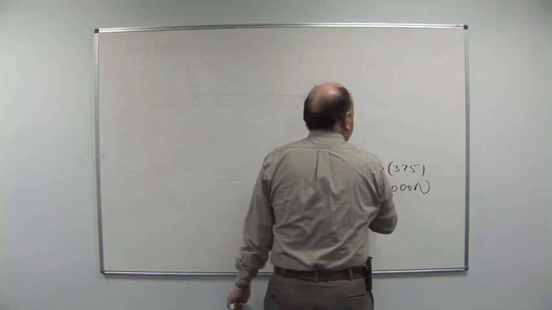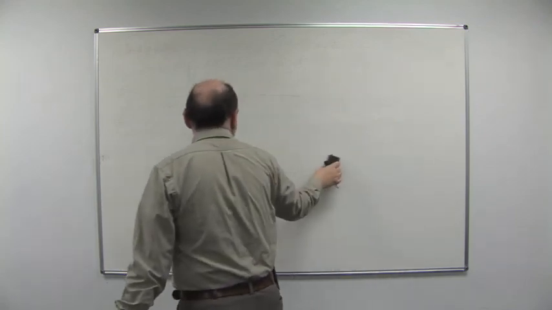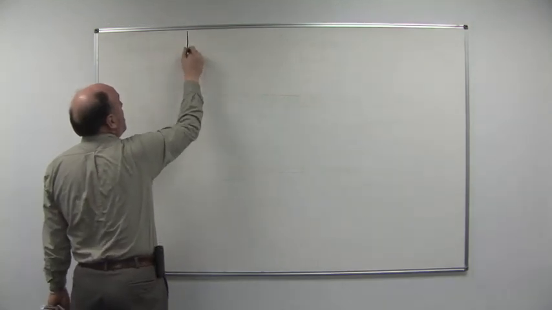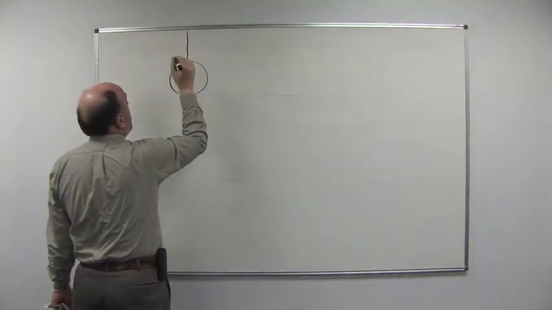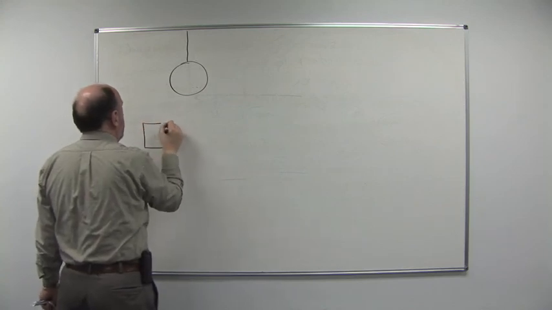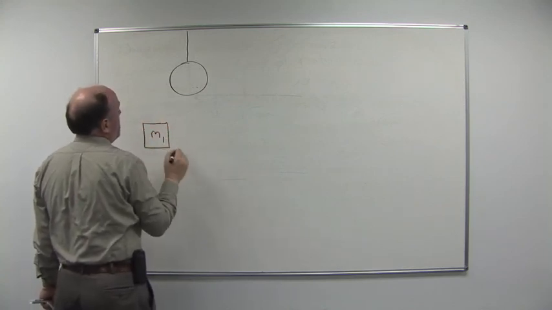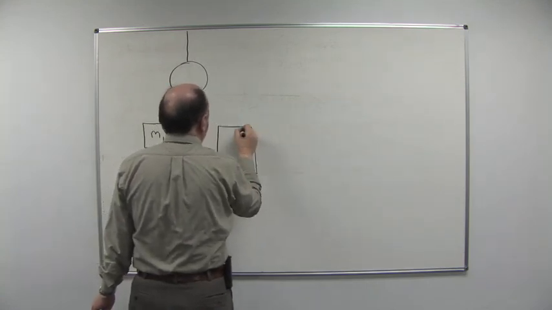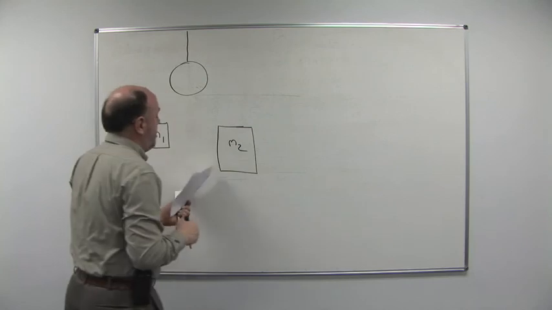And so basically this is a description of what is called an Atwood machine. And so I have a pulley. We have mass number 1. We have mass number 2.